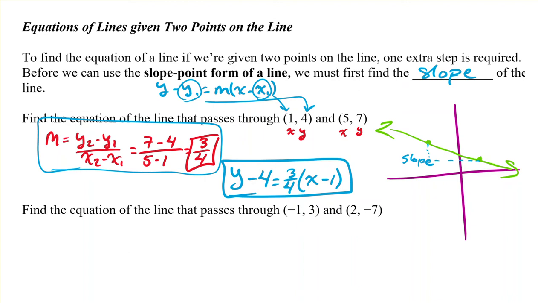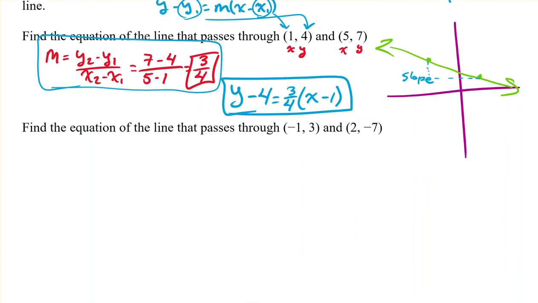Let's try the next one. Find the equation of a line that passes through (-1, 3) and (2, -7). So we're going to have to find the slope.